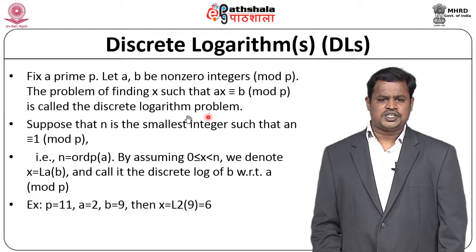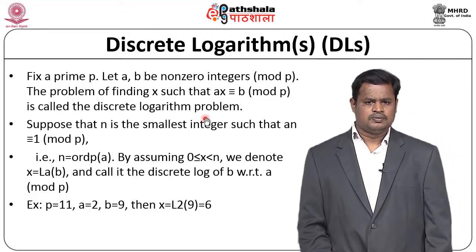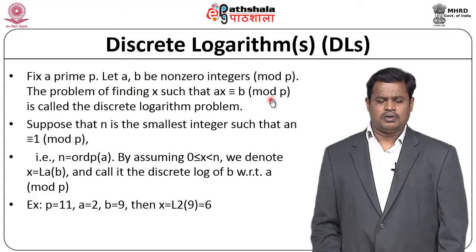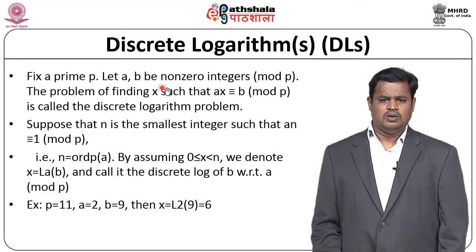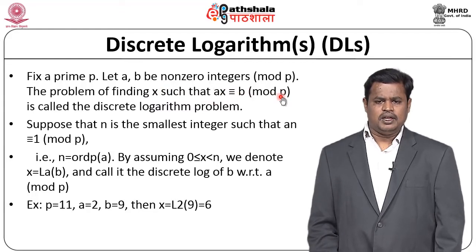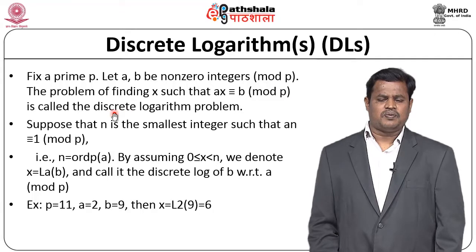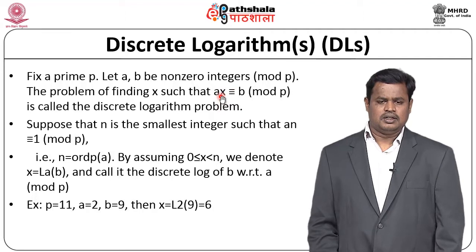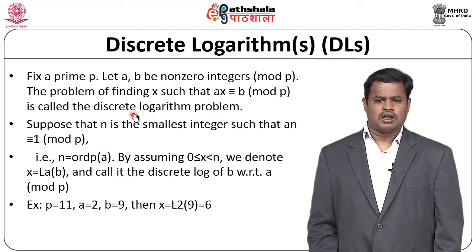I hope you can understand how this makes our encryption process more secure, because x is an unknown to the attacker. Even if he knows a and b mod p, it should be very difficult for him to get back the value of x, maybe your private key. This comes under the discrete log problem.